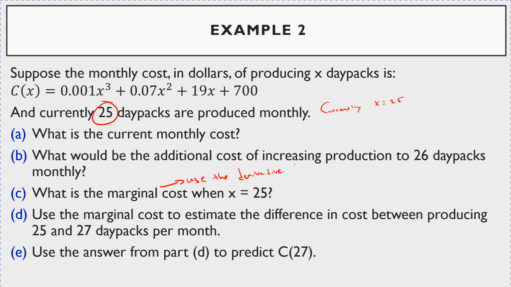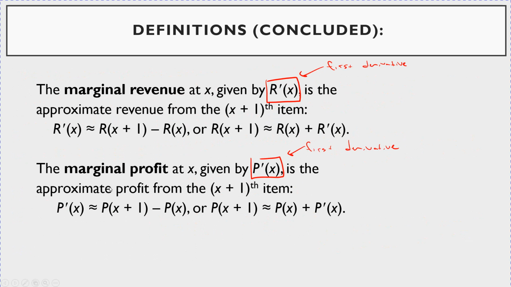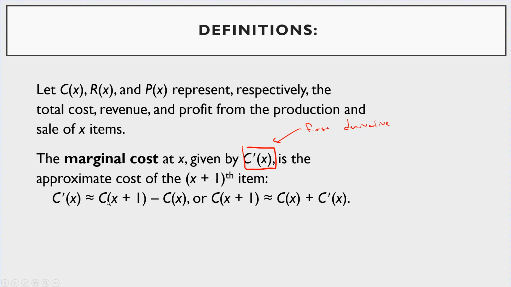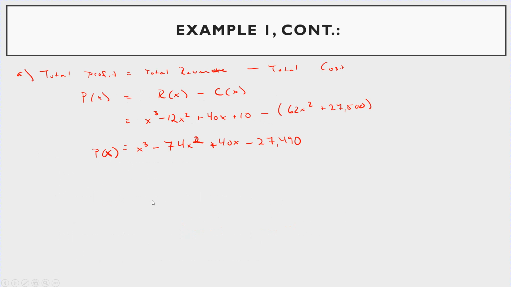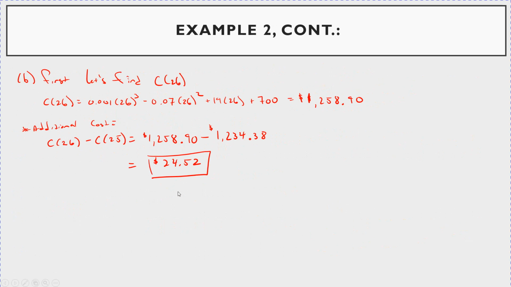If you look back at our previous slide, it's approximately C of x plus 1 minus C of x. So we're going to use the calculus here, the derivative, to find the marginal cost. You're going to notice that it's a slightly different value than what we have here, and that's okay.